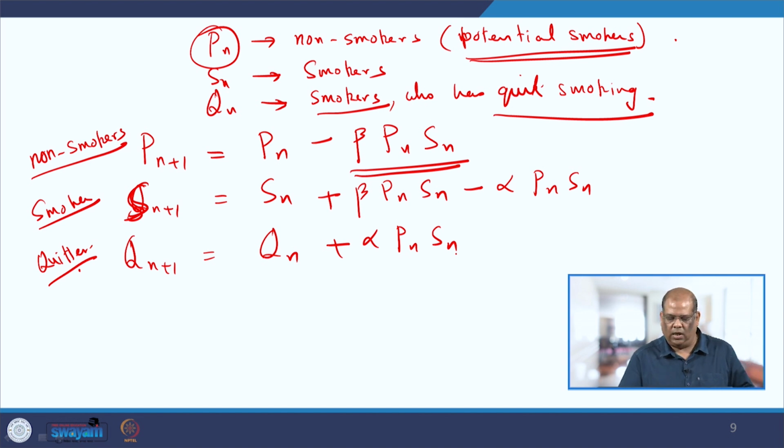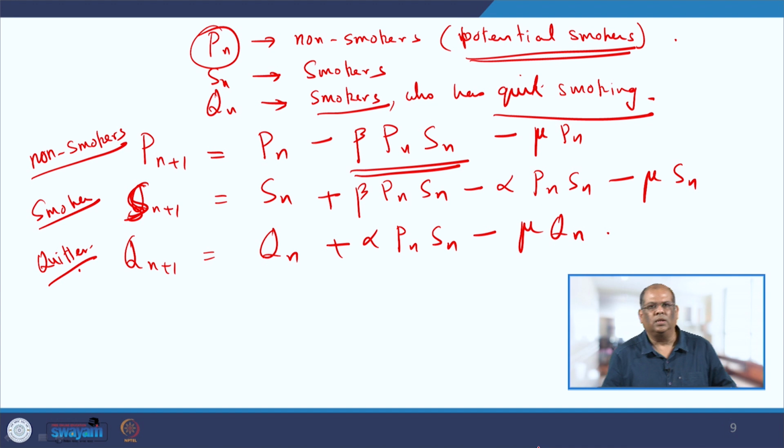Now of these categories of persons, there will always be a natural death. So you put a natural death mu times Pn, mu times Sn and mu times Qn. So this gives you a model among the non-smokers, the smokers and the persons who have quit smoking.